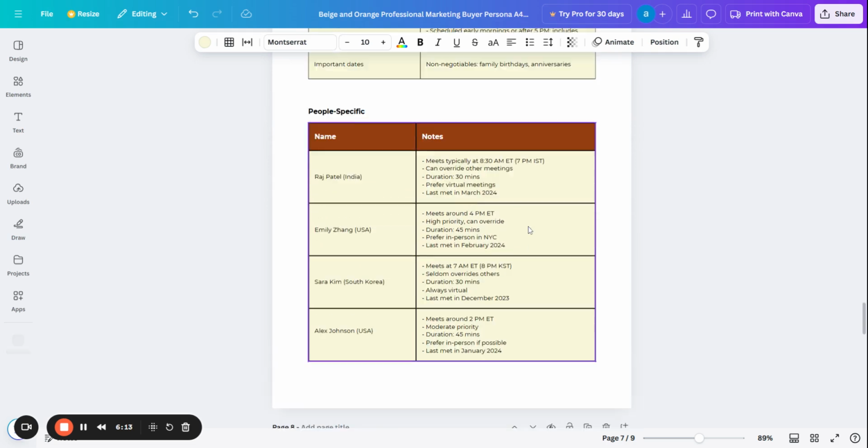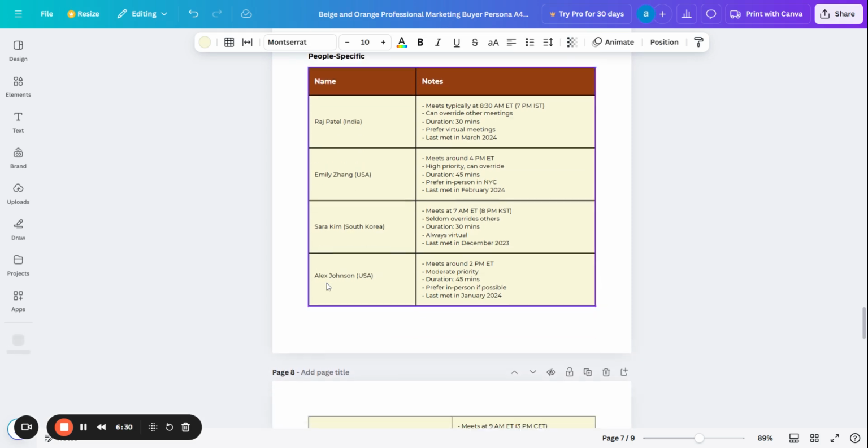Now, in this table, when she meets with specific people, I usually ask how they want to prioritize the said person and how long she wants the meeting to be. Like for example, Raj Patel.